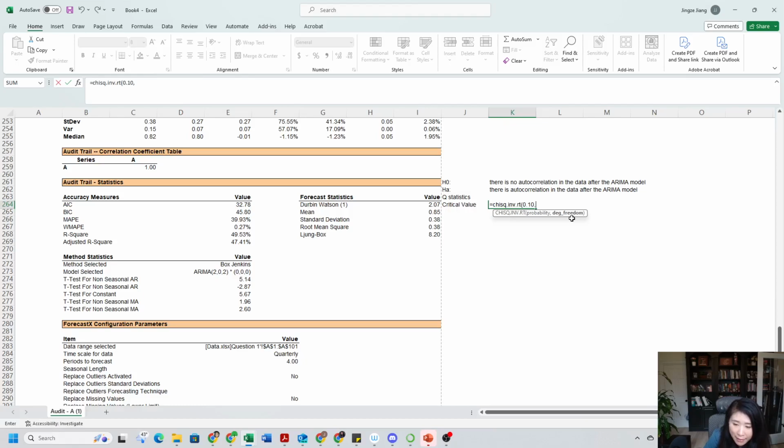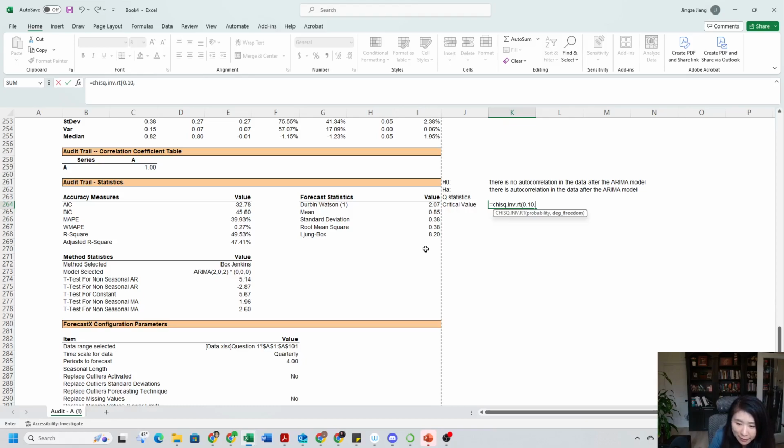If the data has no seasonality, as in this case, because the second part of this box has all zeros, meaning we don't have any seasonality, then the Ljung-Box will choose 12 as the lag. We can actually adjust that lag, and I will demonstrate that in the next questions.